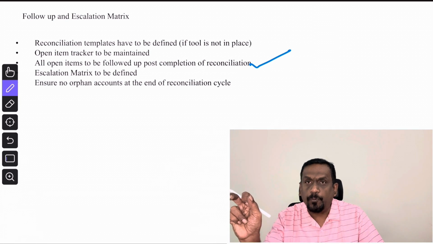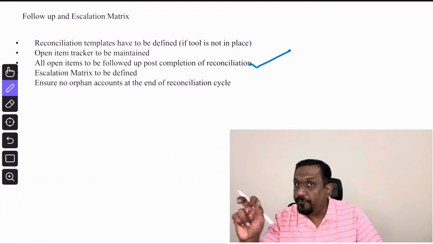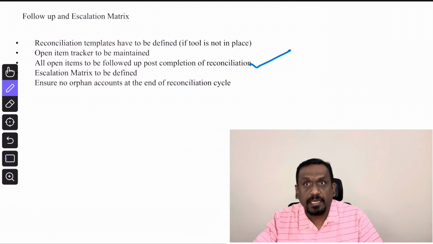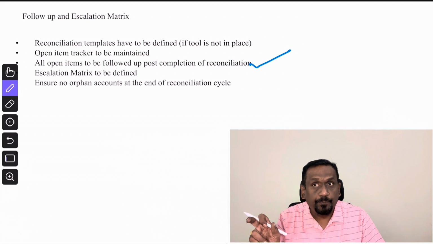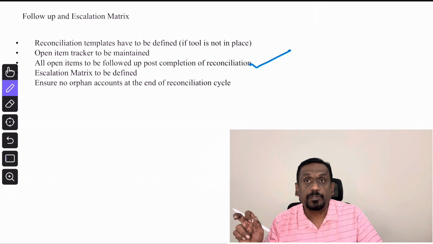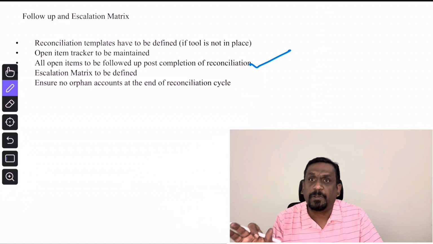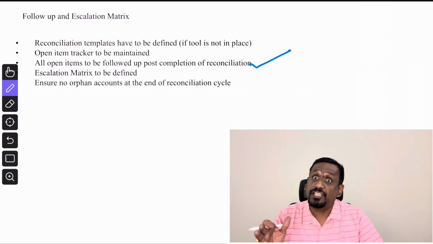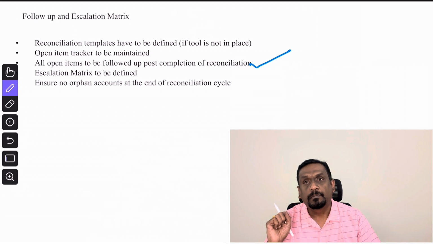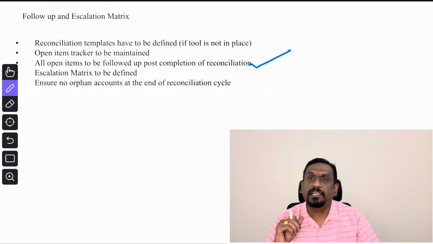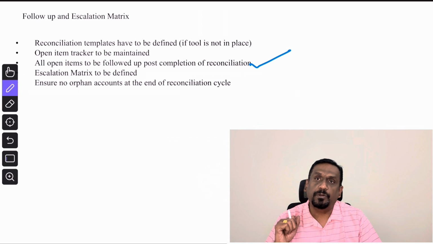When I did the follow-up, what was the response I received? If I did not receive a response, update saying that I didn't receive a response. Then second follow-up, when did you do it? What is the response you received? If a response is not received, say no response received. If a response is received, update what response you received in the comments column. That gives super duper clarity in terms of going through your reconciliations.